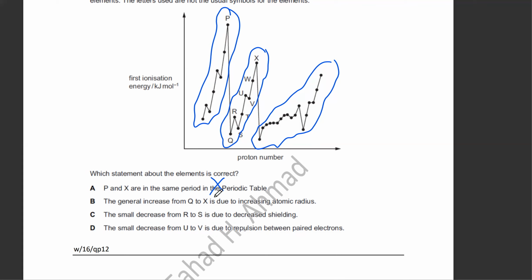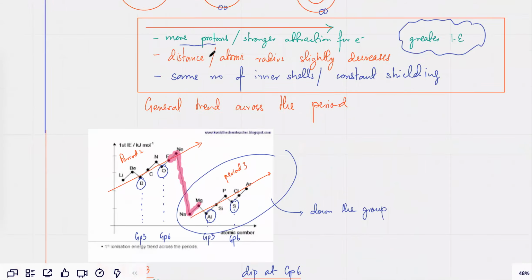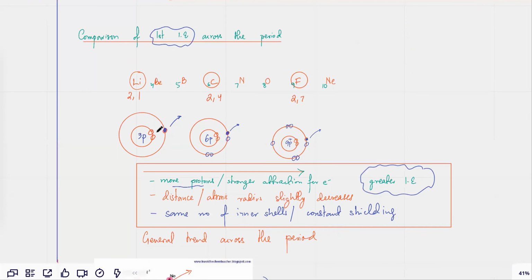So then there's a general increase from Q to X is due to increasing atomic radius. So why does ionization energy increase across the period? Because I just told you that you have more protons. That's why it increases. Okay, this is what we have been studying. Why is there a general increase across the period?